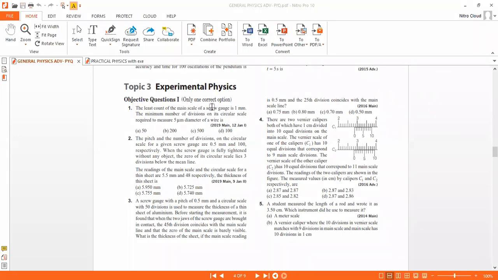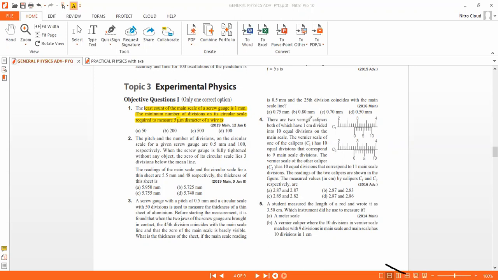The least count of the main scale of a screw gauge is 1 mm. What is the minimum number of divisions on its circular scale required to measure a 5 micrometer diameter?